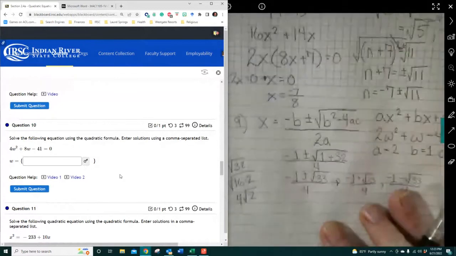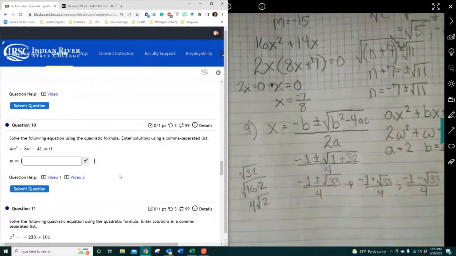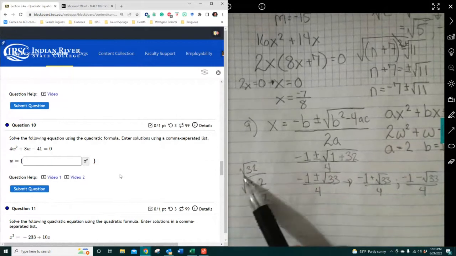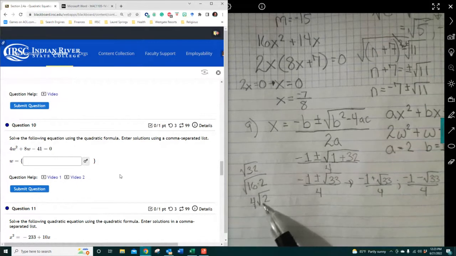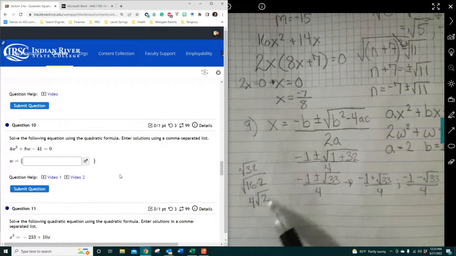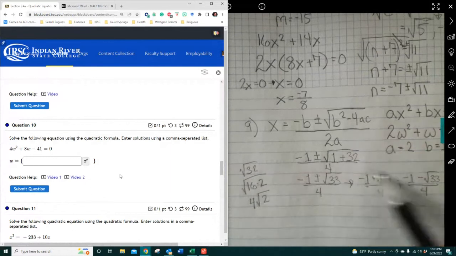Excuse me, I'm zoomed in a little too far. But I want you to know that square root of 32 is 16 times 2, which then could be reduced to 4 on the outside, radical 2. So you are looking at a different situation. However, this is a unique value.